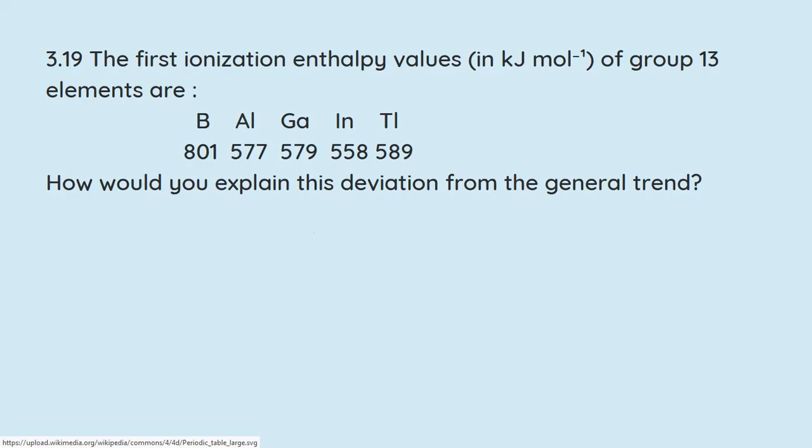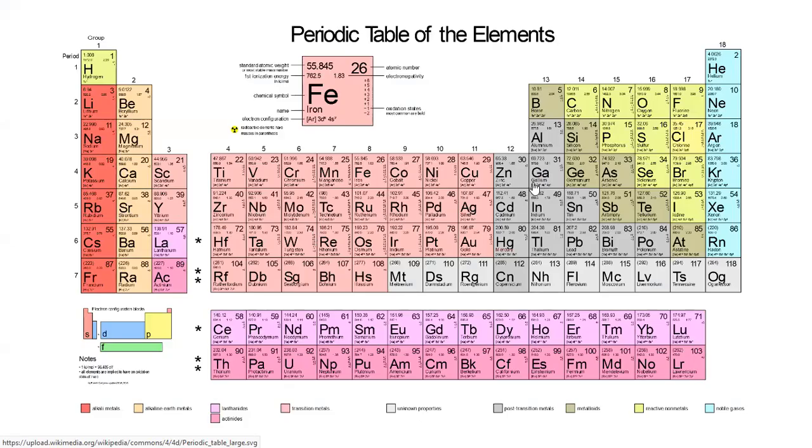When we go from aluminium to gallium, gallium has the 3d orbitals. The screening effect of 3d orbitals is way less than s and p. The screening effect is basically these orbitals covering up the nuclear charge in such a way that the outermost electrons are not attracted by the nucleus.